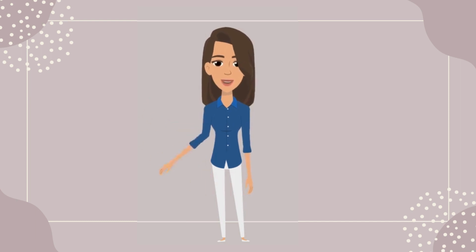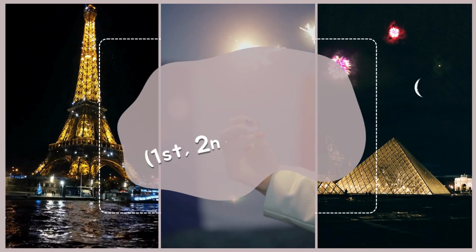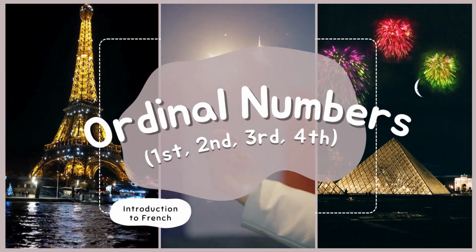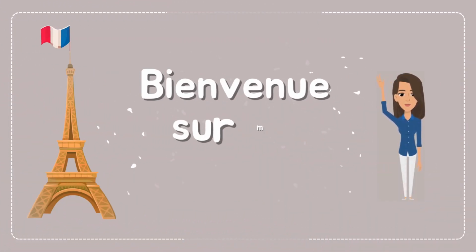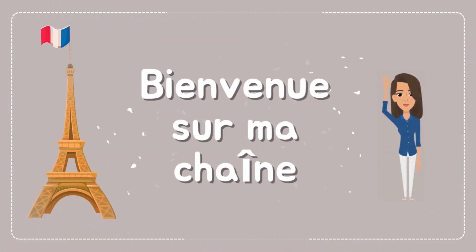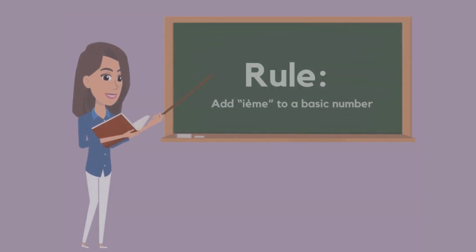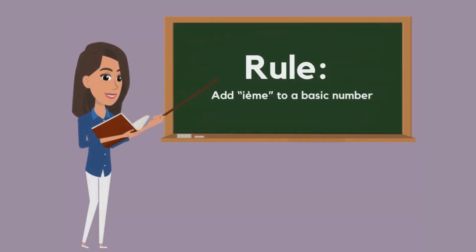In this lesson, we will study the French ordinal numbers. To form an ordinal number in French, we simply add -ième to a basic number.